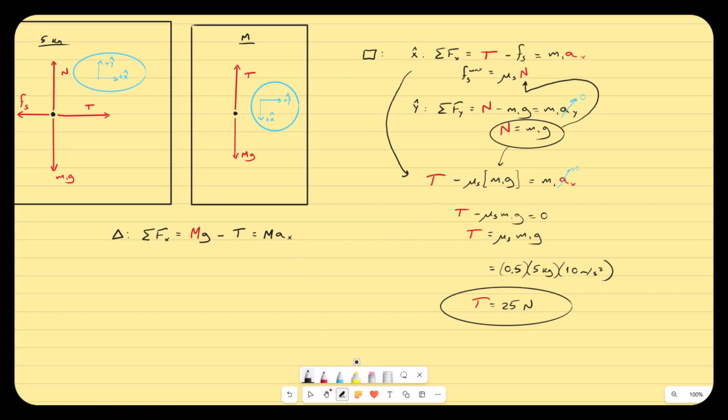I already know my ax, that's still 0, because I'm looking for how the system just barely doesn't move. So when I solve this, I get m equals T over g, 25 newtons over 10 meters per second squared. I get a minimum mass of 2.5 kilograms.